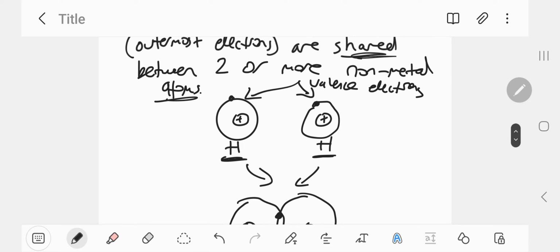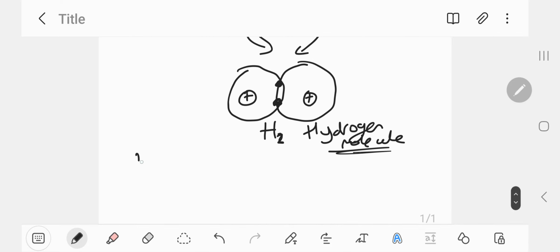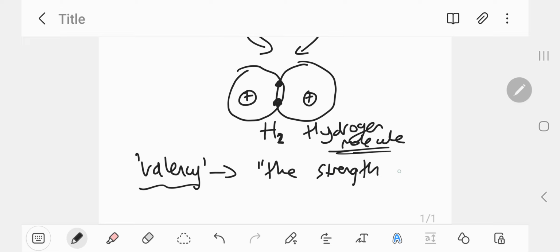Having talked about valence electrons, let's now get into the idea of valency. There's an idea in chemistry called valency. Valency is actually a Latin word for to be strong, or strength. There are different ways to define this. It's the strength an element has to combine, or the combining power of an element.